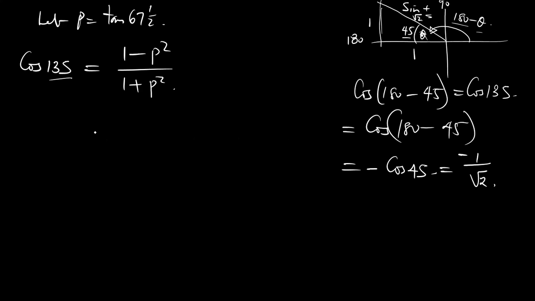And there is a minus here. So we now have minus 1 over the square root of 2 equal to 1 minus p square over 1 plus p square. Now multiplying both sides by 1 plus p square.